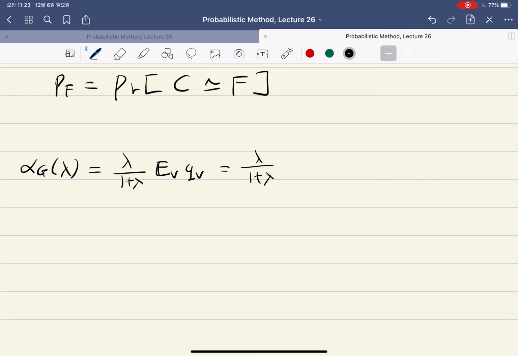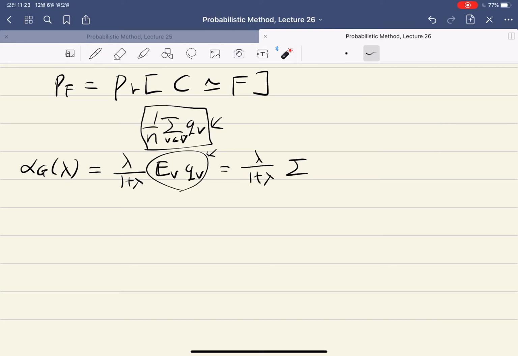And now this expectation of Q_V is actually the same as this. Before we wrote it this way, but this is just a fancier way of writing it, but they are the same.